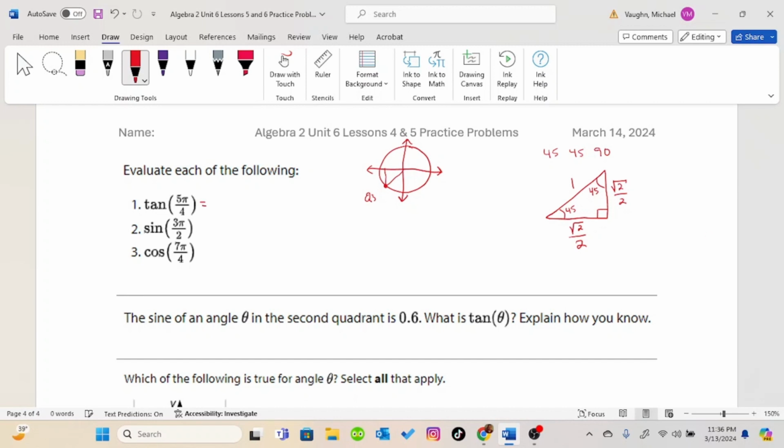So if tangent is y over x, and they're both negative, this is going to be negative square root of 2 over 2 over square root of 2 over 2, and anything over itself is 1. So tangent of 5 pi over 4 equals 1.